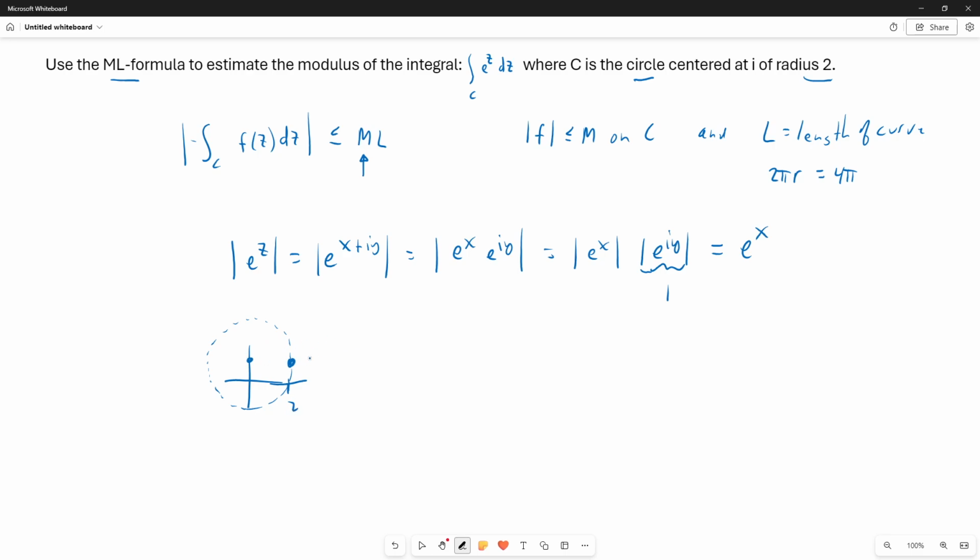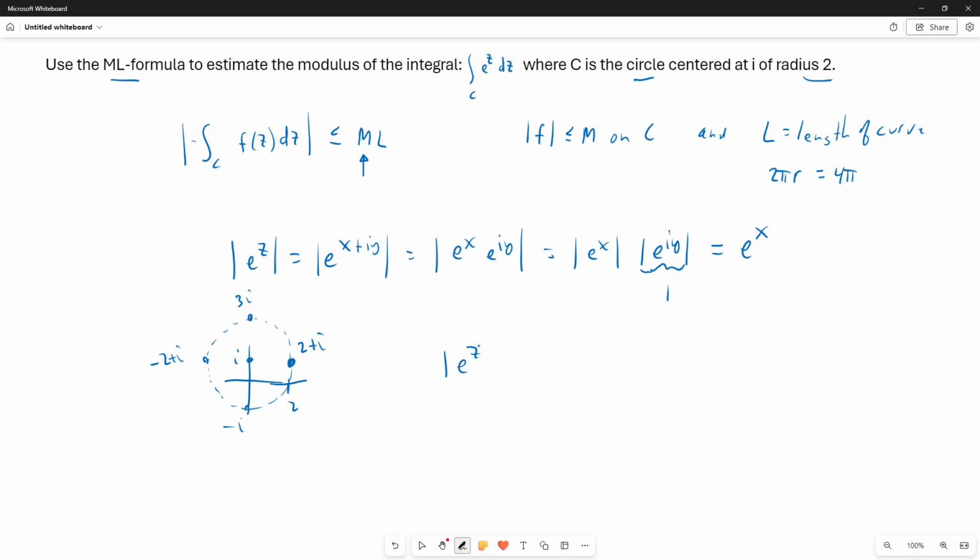The circle, this point here is 2 plus i. Over here we have negative 2 plus i. Radius is 2. And this is i. So this is 3i. And down here we have negative i. So those are some key points on the circle. And so the maximum x value on the circle is 2.